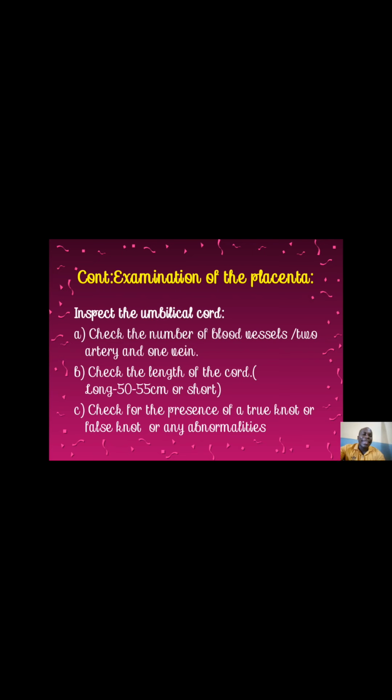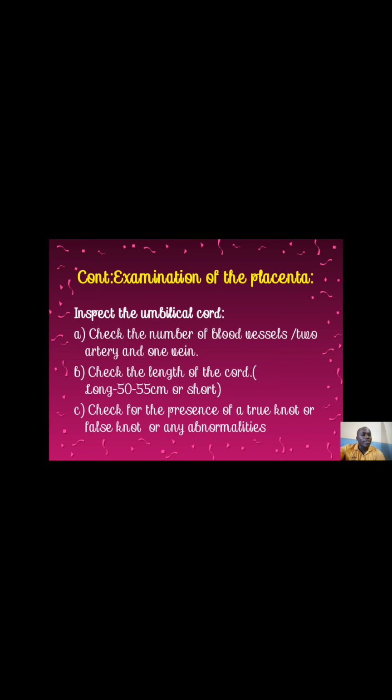So hizi umbilical arteries zenyewe zinaenda parallel, lakini hii umbilical vein inaenda perpendicular, inakuwa imejitenga. Umbilical vein it is very soft. Hizi umbilical arteries zenyewe they are hard, firm. Lakini pia pressure kwenye umbilical vein inakuwa ni kubwa.